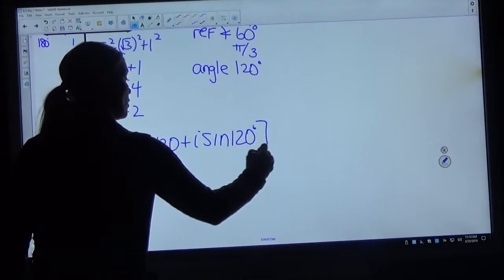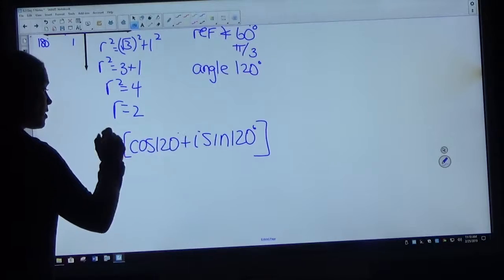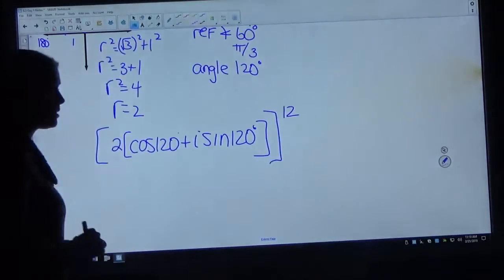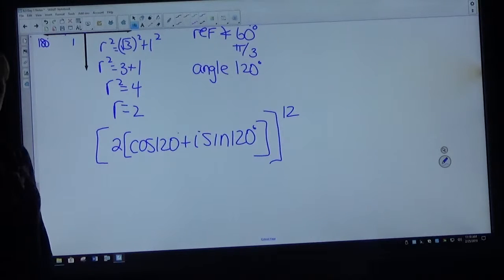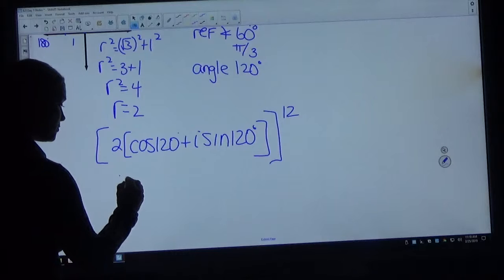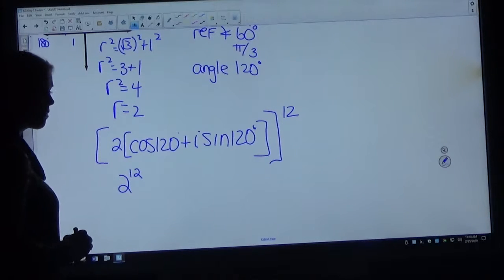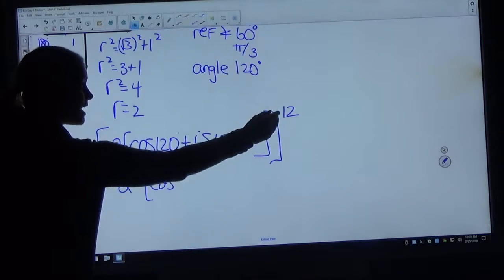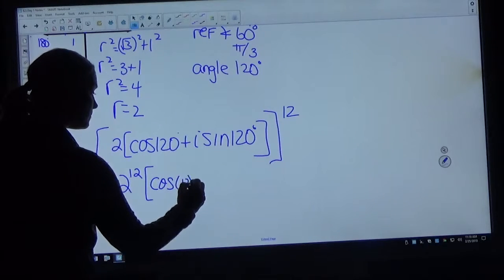Now, this is in trig form, but I want to raise this all to the 12th power. By de Moivre's theorem, here's how easy it is. I'm going to take 2 and raise it to the 12th. I'm then going to take the angles and multiply them by 12.